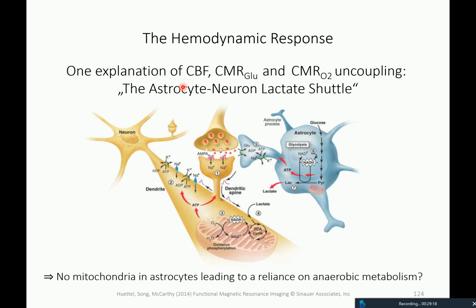So one story for this uncoupling is this astrocyte neuron lactate shuttle, which essentially is based on the idea that astrocytes need to work harder if there's neural activity, and astrocytes do not have mitochondria, so they can't do aerobic glycolysis, but only anaerobic glycolysis, that this induces this uncoupling, so that the blood flow helps the glucose to go to the astrocytes, and it brings with it a lot of oxygenated hemoglobin, but the astrocytes actually don't need the oxygen, they only need the glucose because they don't have mitochondria, and then do their thing.